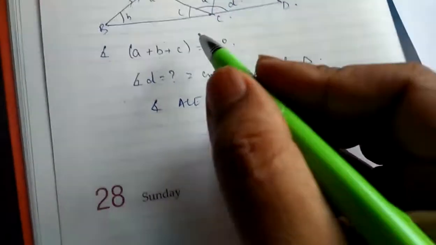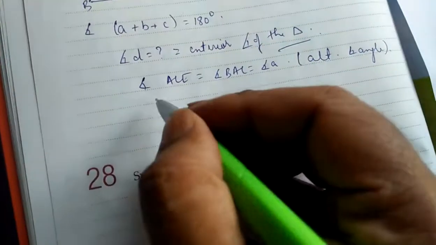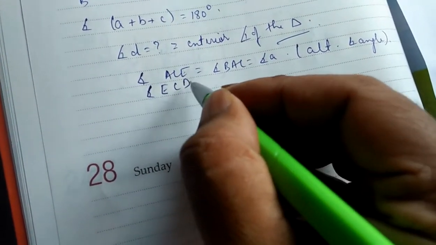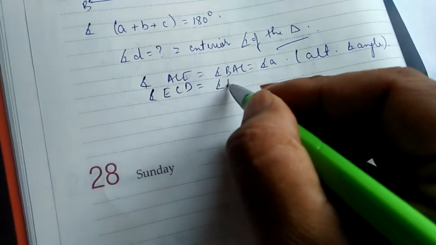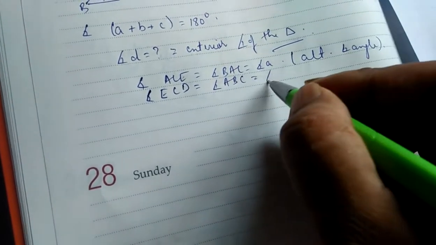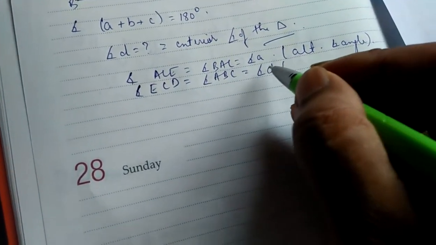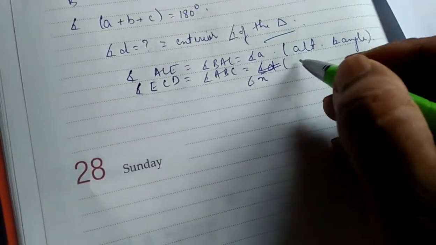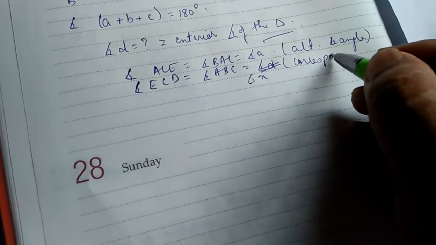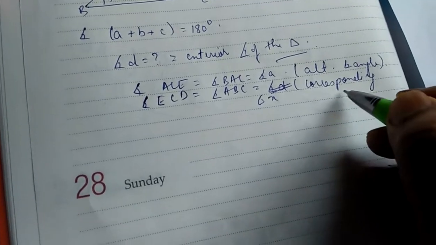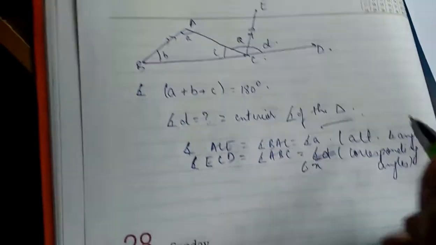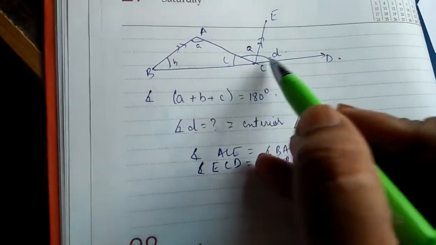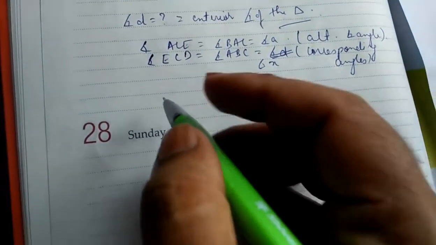Angle ECD is equal to angle ABC, which is equal to angle B, let's say angle X. This is corresponding angles. This B is equal to angle D. This is corresponding angles.